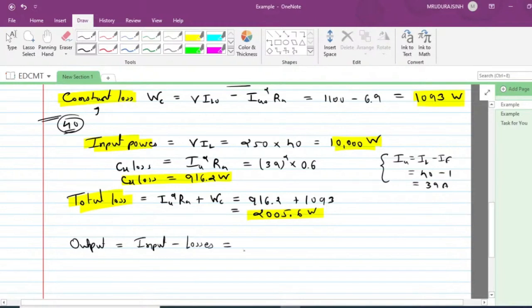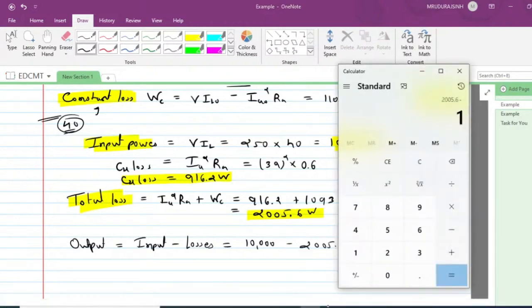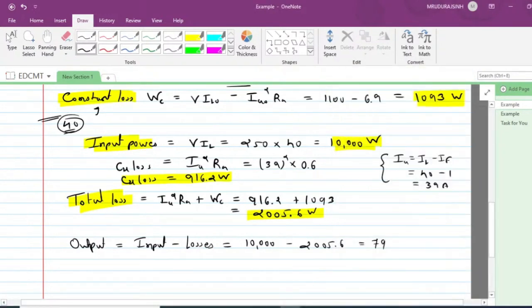Our input is 10,000 watt minus total losses, 2005.6, that gives us 7994.4. So output power is 7994.4 watt.